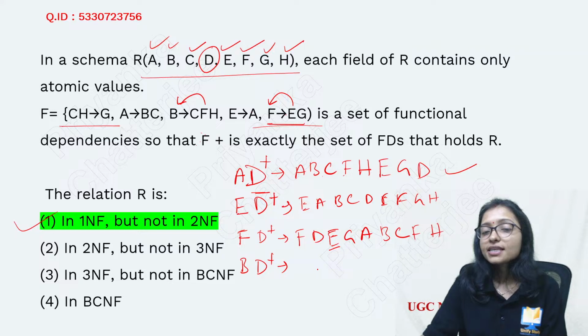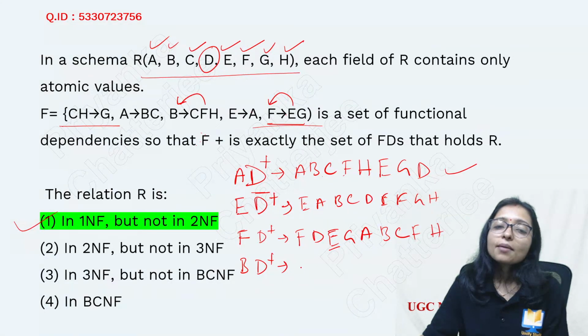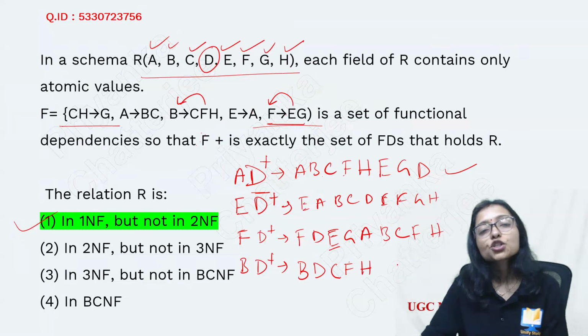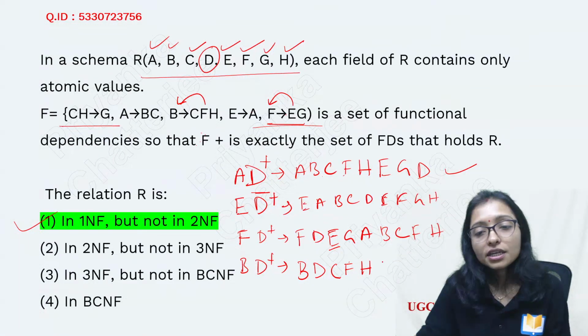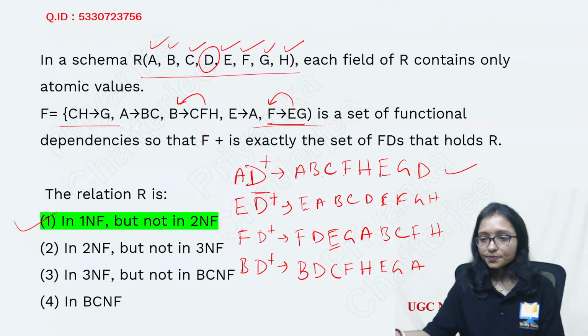If I am doing BD closure, what is happening here? You can see B, D, then C, F, H, then automatically E, G, E to A, all are coming.